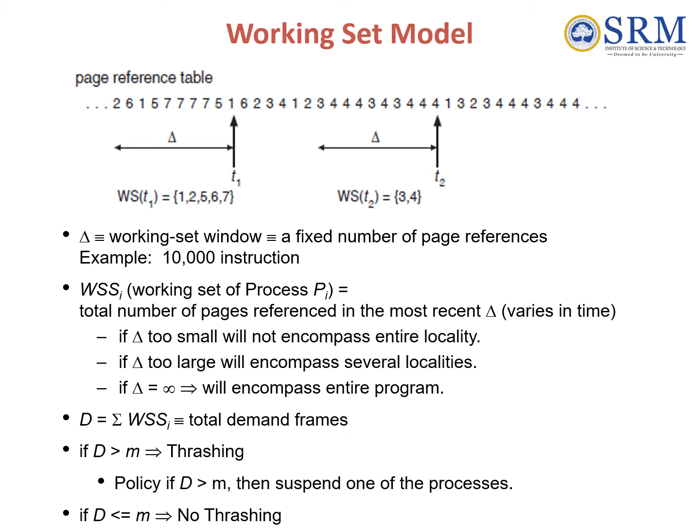If delta is too small, it will not encompass the entire locality. In our page replacement algorithms, we considered only 4 frames, so there may be more page faults. If the page faults are too high, then I need to call for swap in and swap out.